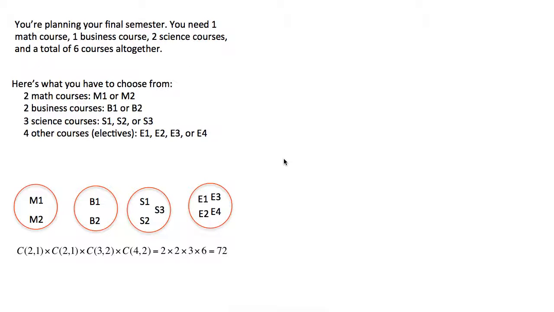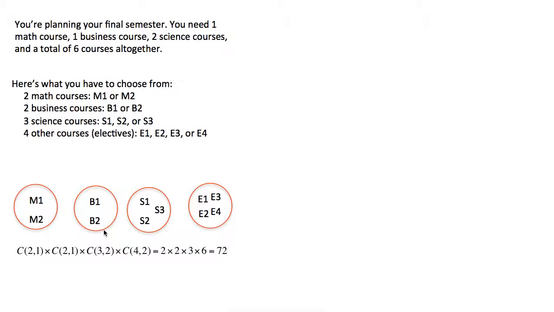As a first stab at a solution, let's try this. Let's look at the math courses. We have to take a math course. So let's count the number of ways to pick one of the 2 math courses. And then let's move over to the business courses, where we have to take at least 1 business course.